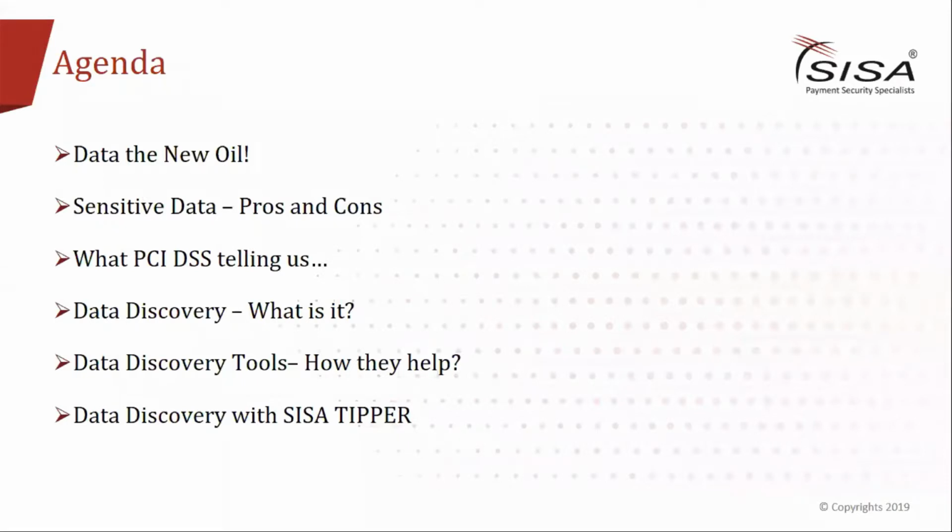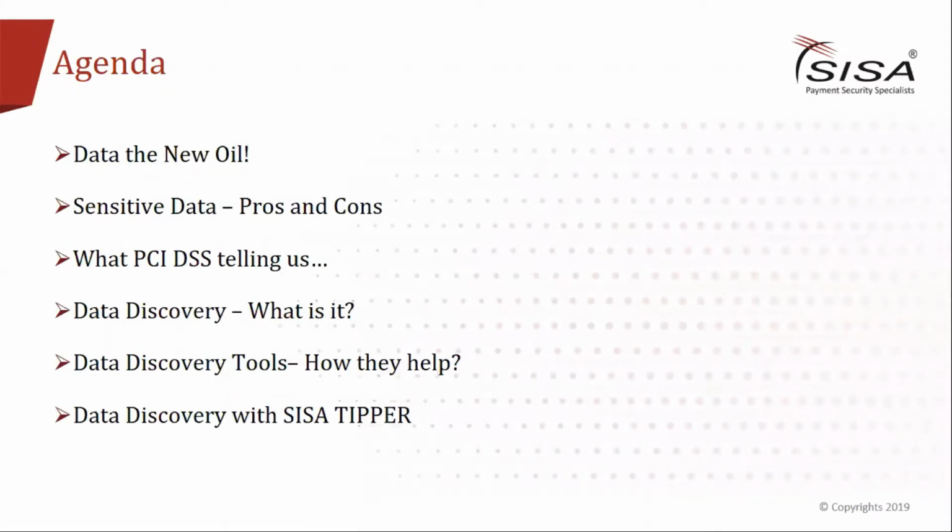What exactly PCI DSS tells us, because as Mukesh has rightly said, we are a payment security specialist company. More or less, much of the services that we give revolve around the PCI, or the PCI Security Standards Council. So we'll be taking into reference the PCI DSS standard, and we'll be assisting you in the protection of the information using the PCI DSS as a standard.